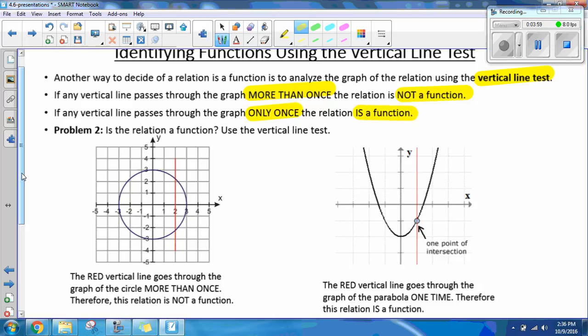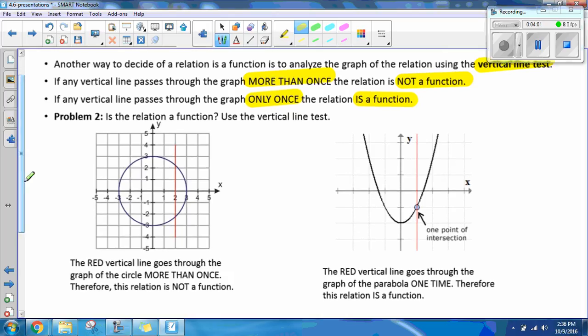Problem 2. Is the relation a function? Use the vertical line test. So here we have a relation that has been graphed and it is a circle. The red line here is our vertical line test. So we draw a red line anywhere on the graph and it goes through more than one point.